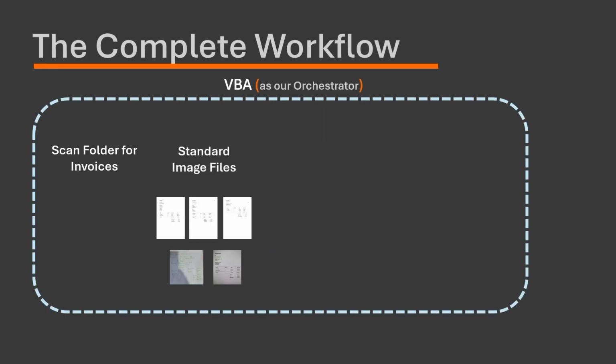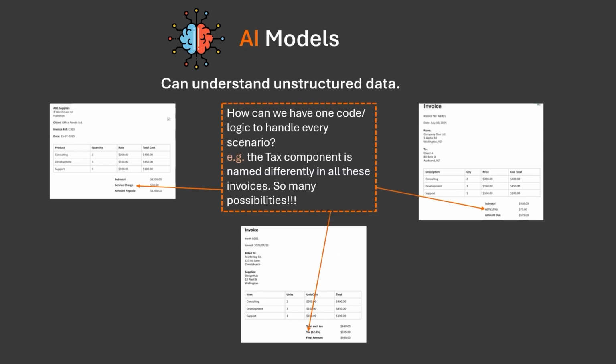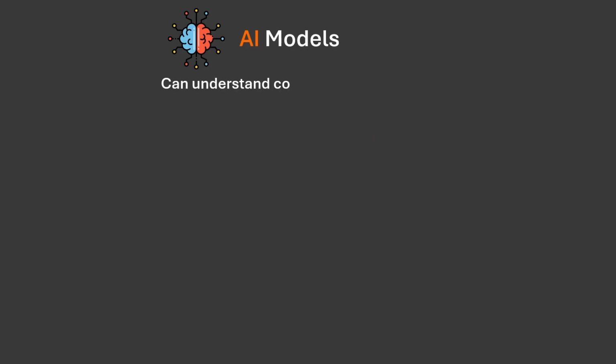Next, with a standardized image in hand, VBA sends it over the internet to the Google Gemini API. This is the brain of our operation. And here's why we use an AI model. It understands unstructured data. Traditional code would require rigid rules for every possible invoice layout, which is not practical. However, an LLM like Gemini understands context.